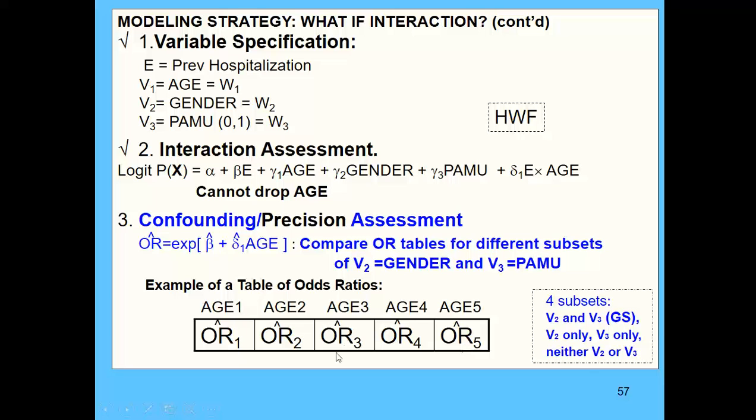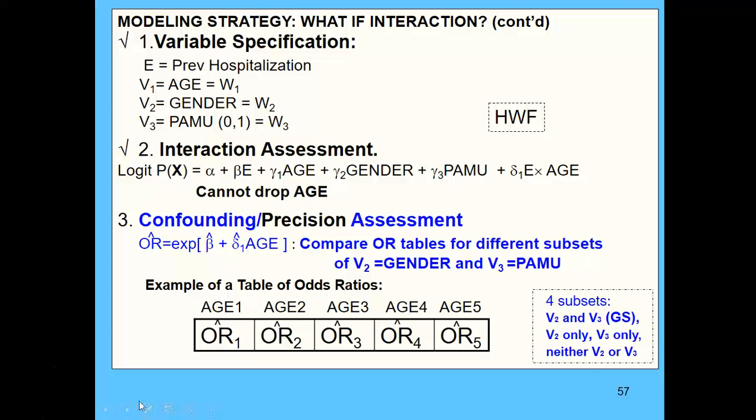I've chosen 5 different values of age. It's up to me to choose what values of age I want. I could divide age into quintiles and choose the mean value of each quintile, and make sure the age is where the data is. But I've chosen different values of age and computed these odds ratios for them.